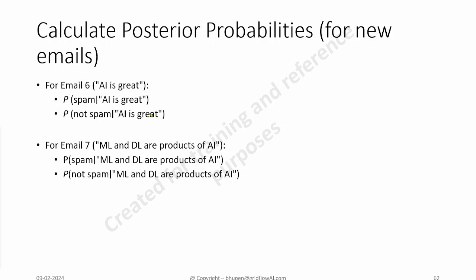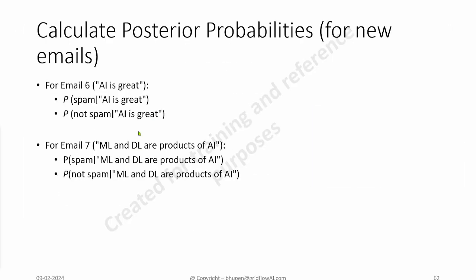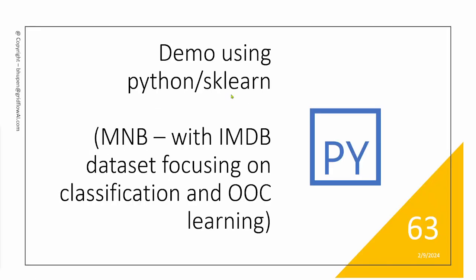What is the probability? And similarly for the other email also, we compute the class probabilities. And then the predictions are pretty much the same base formula we will use here now with the updated computations. And that's how the out of core learning is possible with multinomial naive Bayes.